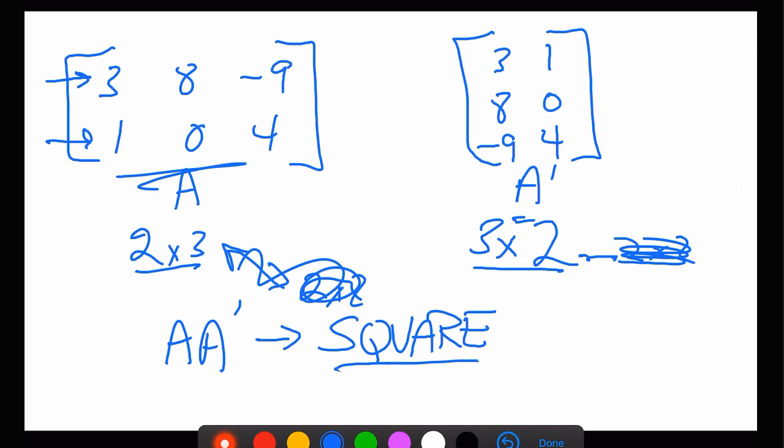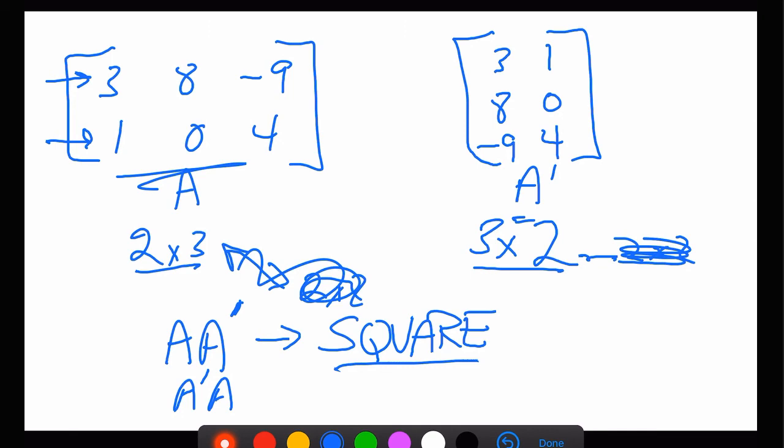If you're not square, you can't find your inverse. So I can't always find the inverse of A, but if I multiply A and the transpose of A together, I can always find the inverse of that. And that turns out to be a helpful thing for us to know. You can do it either way: you can find A A transpose, and you can also find A transpose A.